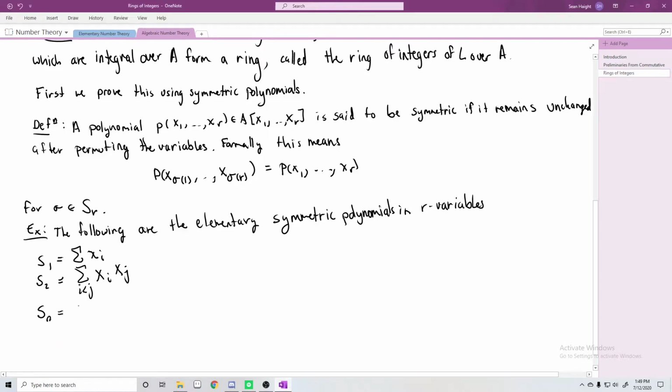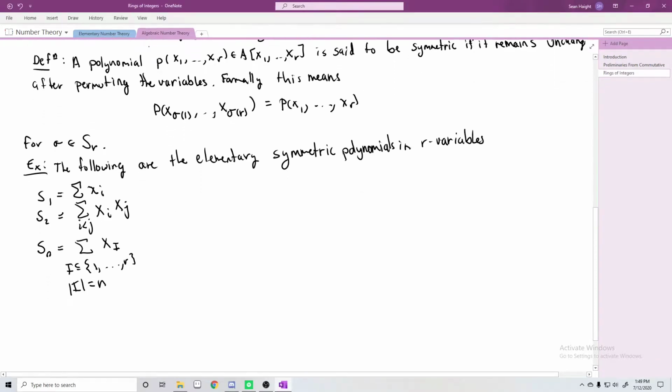S sub n is going to be the sum over subsets I of the indices 1 through r, I of size n, of this guy x sub I, where x sub I, if I is a set of indices, just means take the product of x sub little i for every little i in big I.